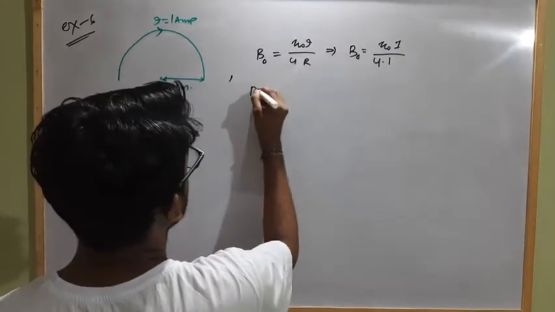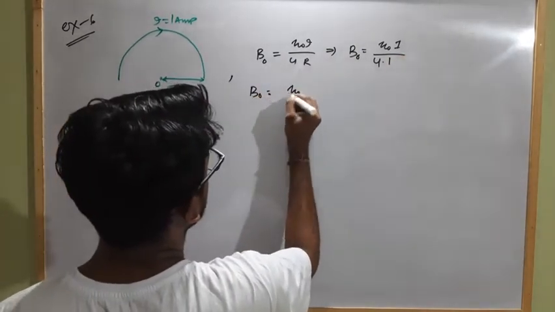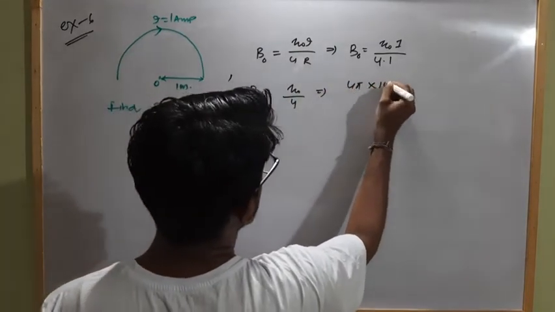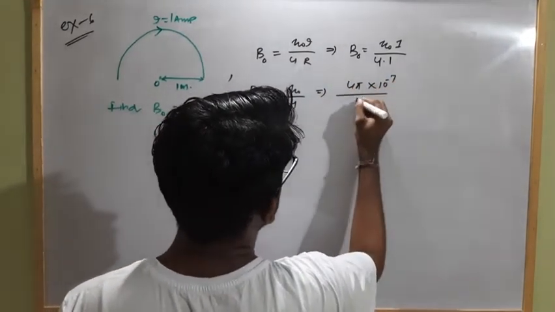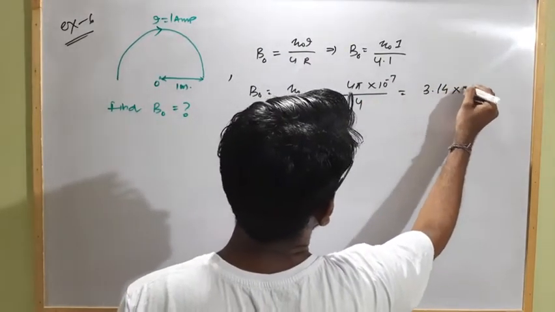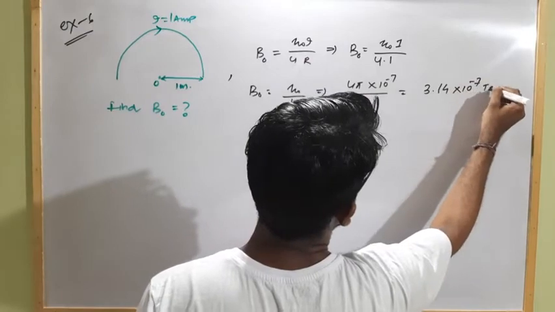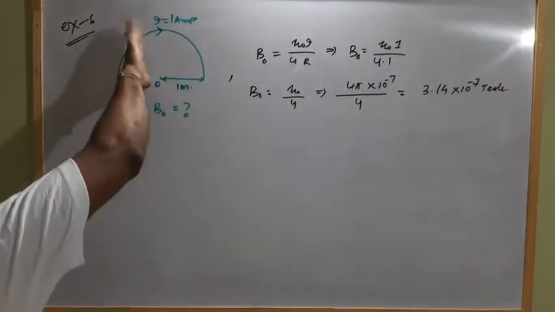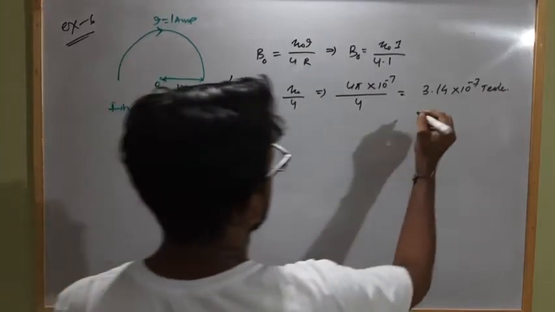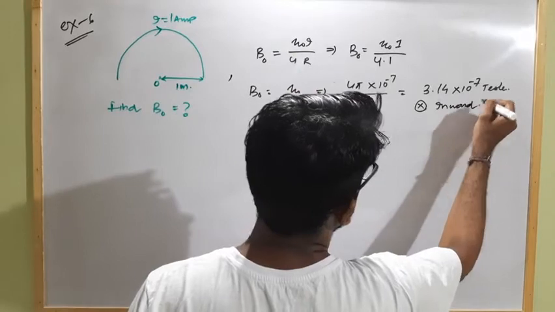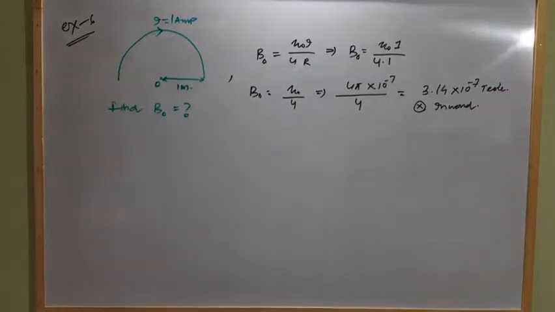So B naught will be mu naught by 4, which implies 4 pi into 10 to the minus 7 by 4. Again it will be 3.14 into 10 to the minus 7 Tesla. And again the direction, by right hand thumb rule, will be inward. Clear?